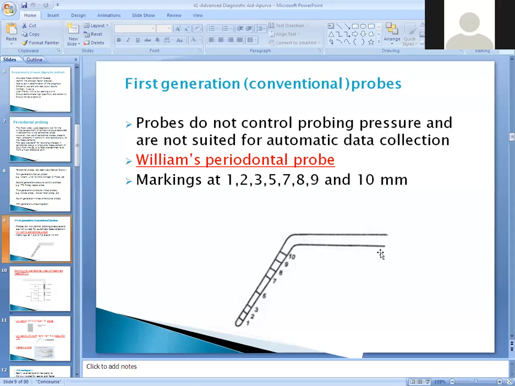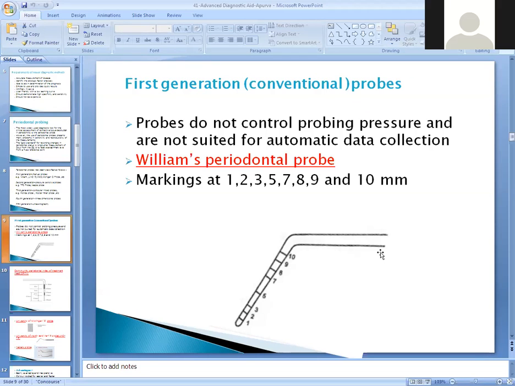Means if you inserted at the mesial line angle or mesiobuccal line angle at one visit, next time you may insert in the proximal area directly in the contact point or close to the contact point, and you may forget in which area you inserted your probe, the direction of the probe, the site, or where exactly you measured.